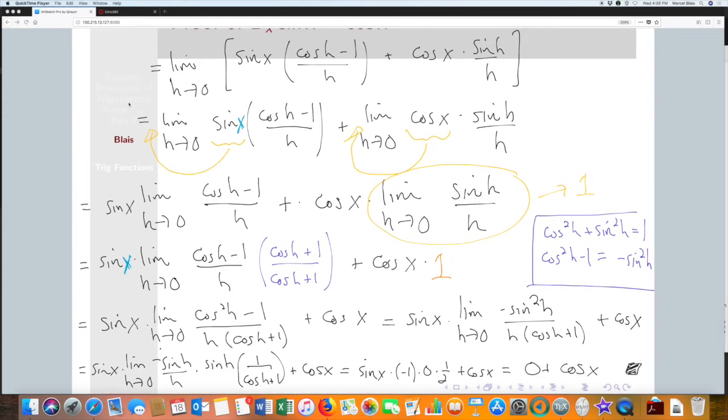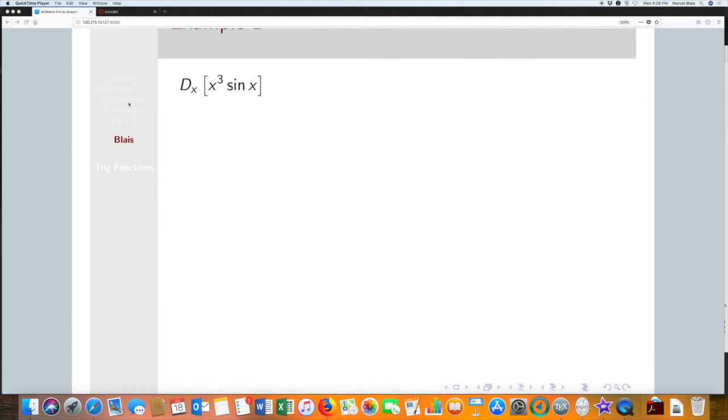Now that we have this, let's see some examples. So we want to see some of this in action. First example, derivative with respect to x of x cubed sine of x. So what we need is the product rule. So the first, x cubed, times the derivative of the second.